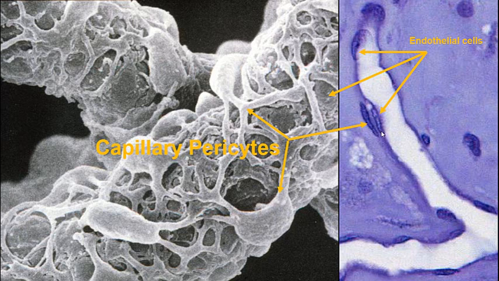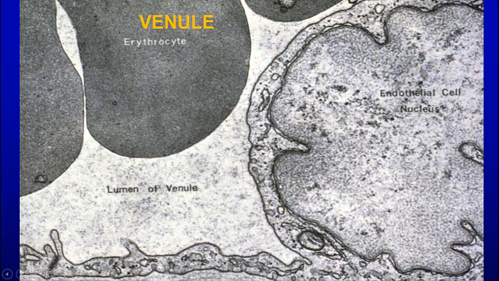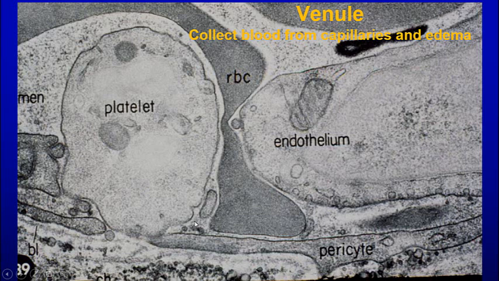And here we can see a pericyte on the outside of the endothelial cell, and they're actually in the basal lamina of the endothelial cells, as opposed to smooth muscle cells, which are located outside the basal lamina of the endothelial cell. So we see a little capillary in through there. Here's a venule, very thin walled, as you can see.